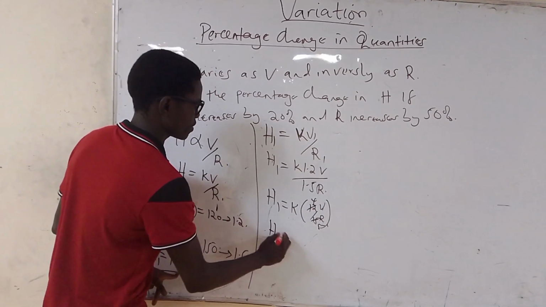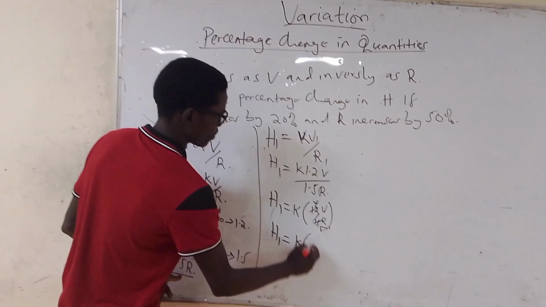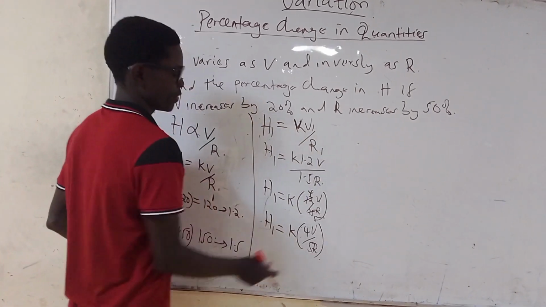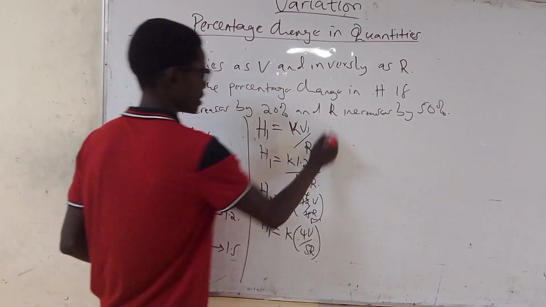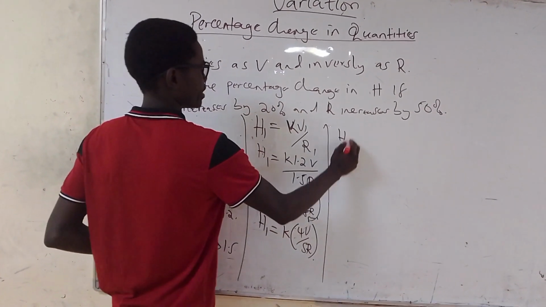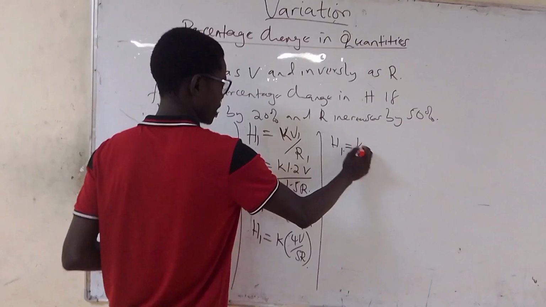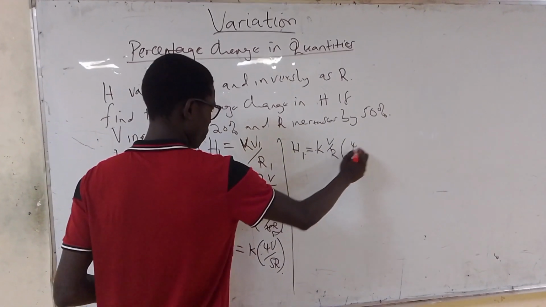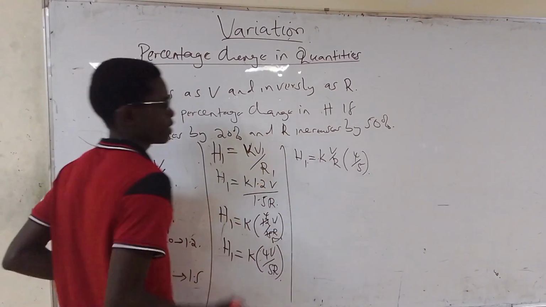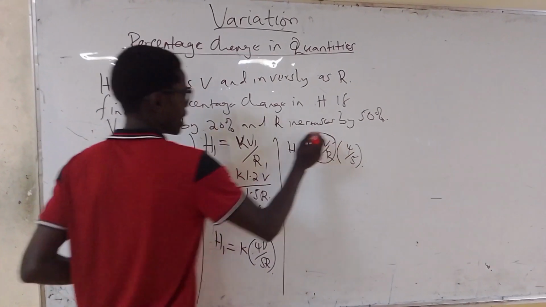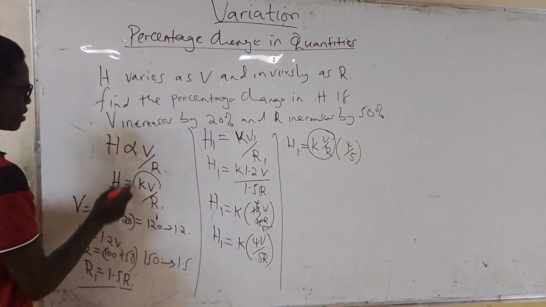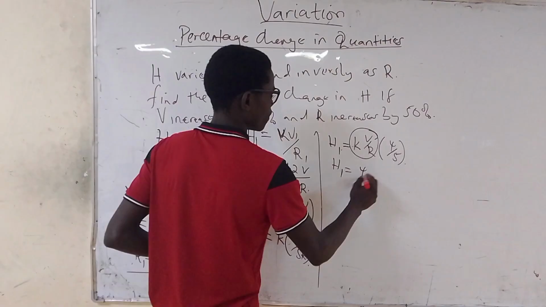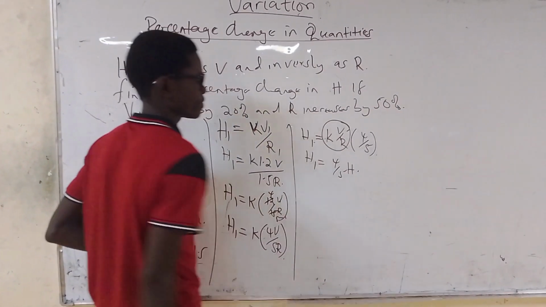So H1 equals K into bracket 4V over 5R. Then we remove V and R outside the bracket. So we say H1 equals K multiplied by V over R into bracket 4 over 5. Then K V over R is the same as H. So we say H1 equals 4 over 5 H.